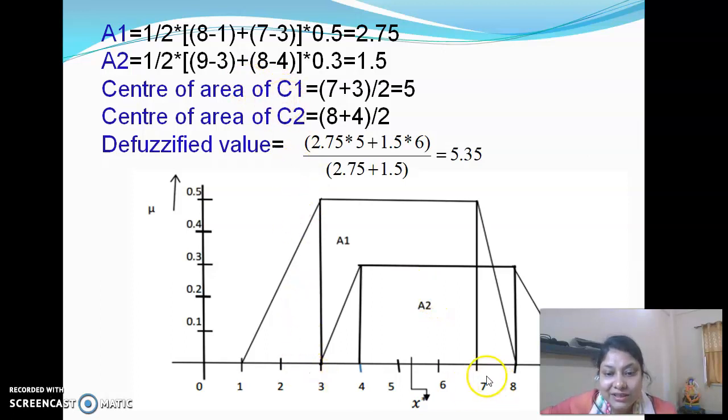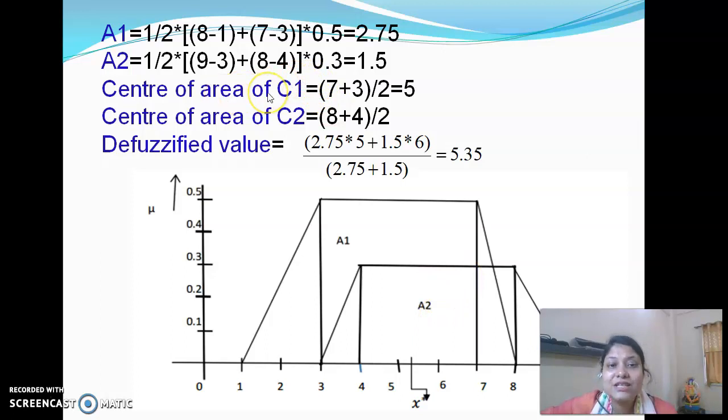C1 is nothing but 7 plus 3 divided by 2. That means the highest membership plateau region. And the center of area of C2 is nothing but 8 plus 4 divided by 2, the range of this plateau.